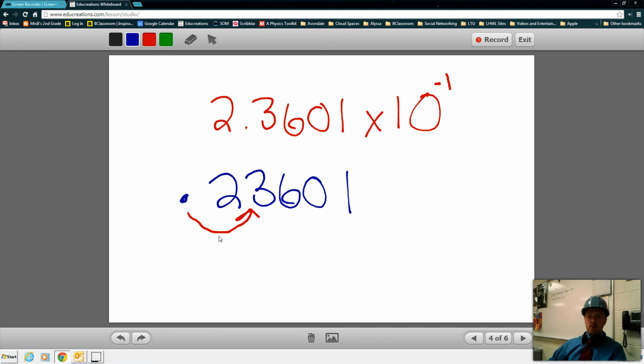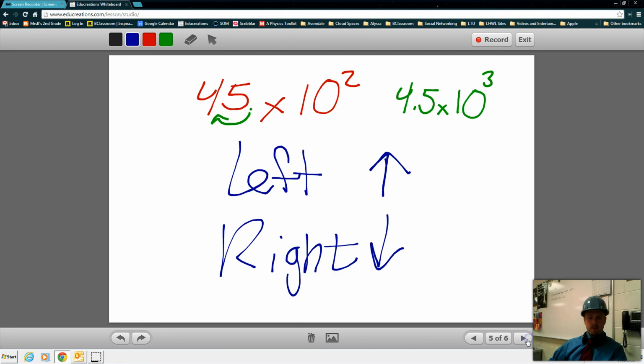Now I moved it to the right, and in doing so, I took a number that was in decimal notation and I put it in scientific notation. Now the number started out being less than 1, so it's going to be a negative exponent. The general rule of thumb is that when you move the decimal to the left, your exponents will increase in size.